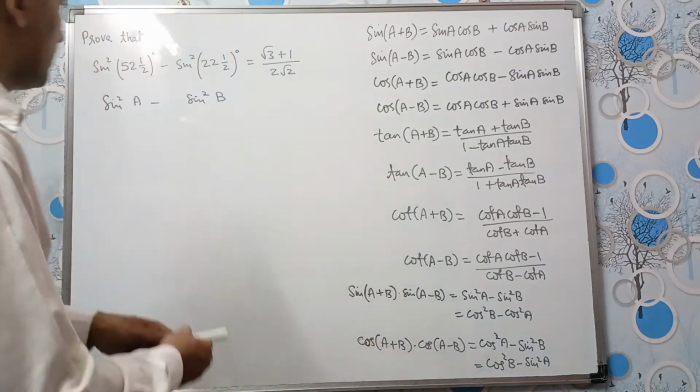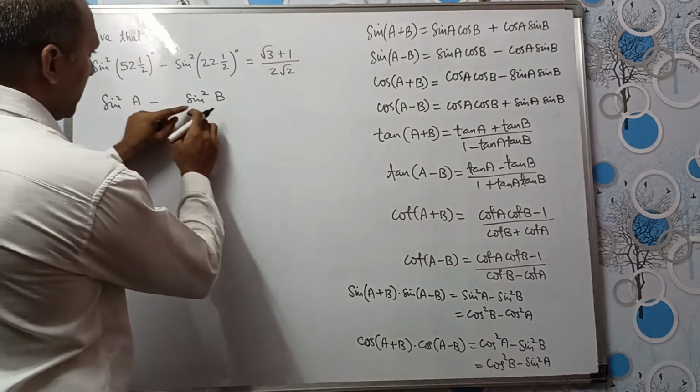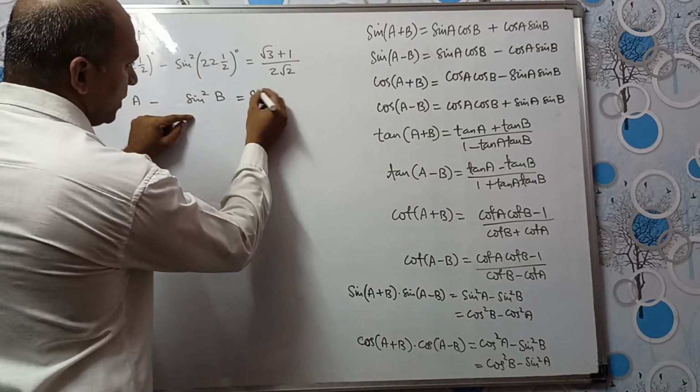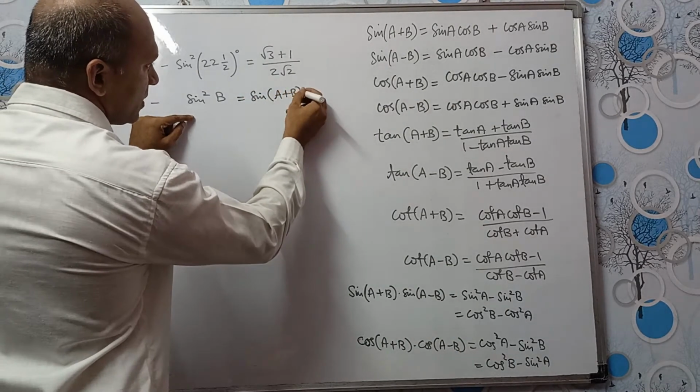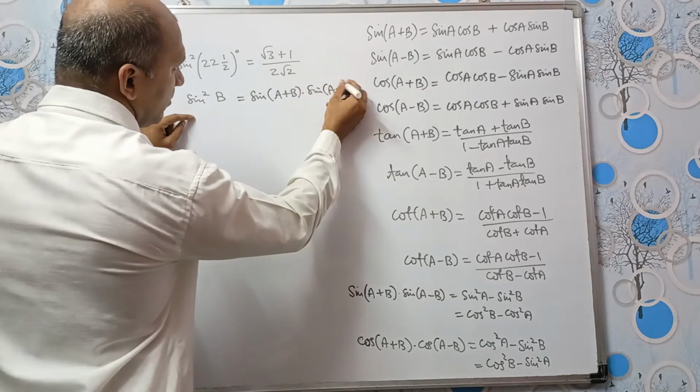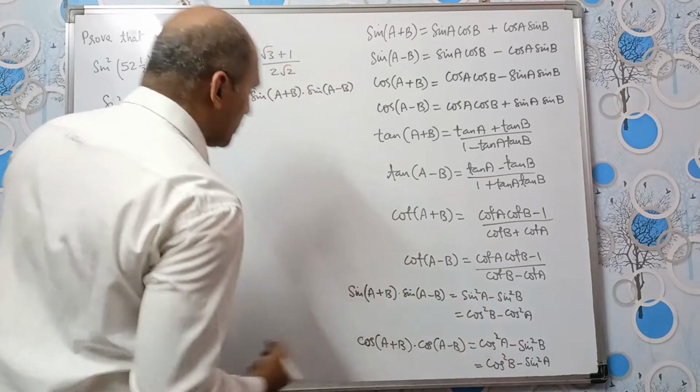Okay, let us find out. See, we know sine square A minus sine square B is equal to sine (A plus B) multiplied by sine (A minus B). We wrote this formula in the reverse way now.